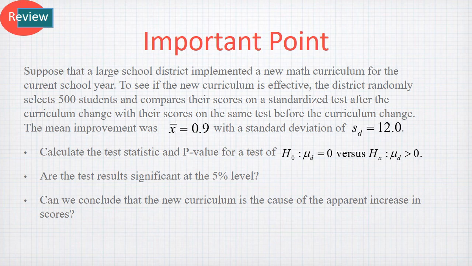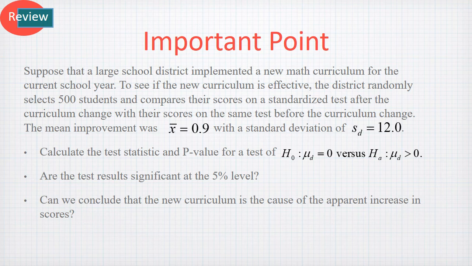The mean improvement was x bar equals 0.9 with a standard deviation of 12. Calculate the test statistic and p-value for a test of difference is 0 versus the alternate, the difference is less than 0. Are the test results significant at the 5% level? And then can we conclude that the new curriculum is the cause of the apparent increase of the scores?